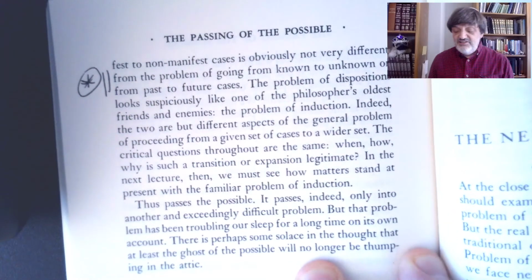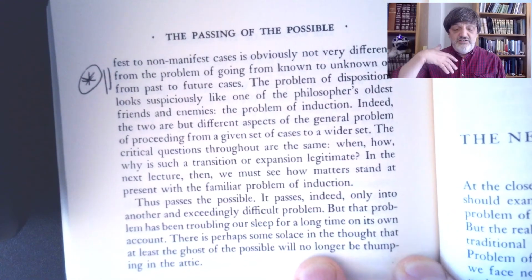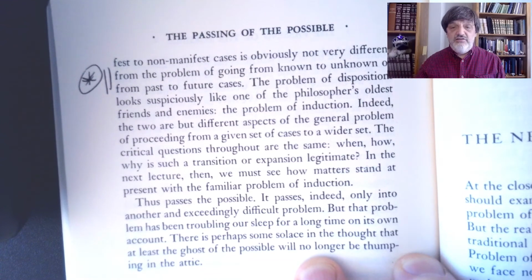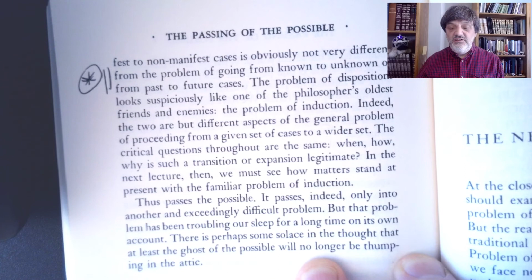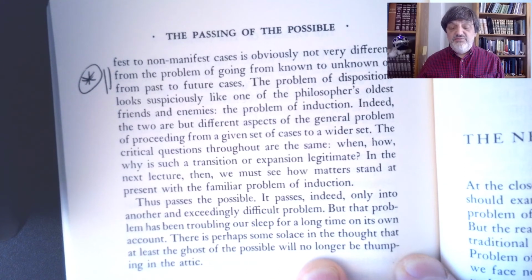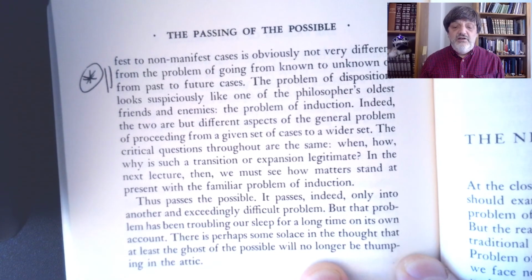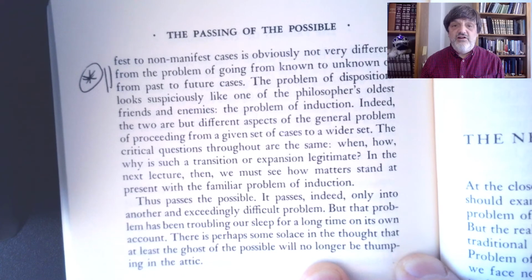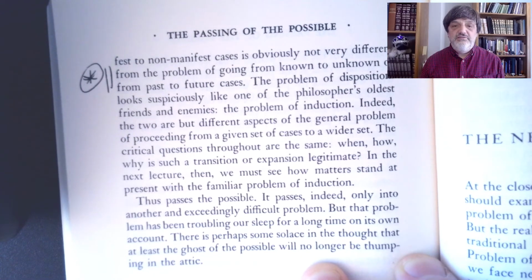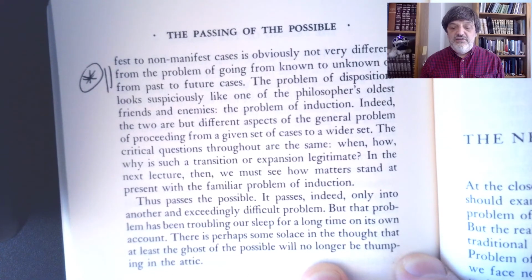But it's the supposed process where you have a general law, like all copper conducts electricity, and you try to build up support for that law by examining, let's say, different pieces of copper and seeing if they conduct electricity. And every time you find one that does conduct electricity, it helps to confirm the general law that all copper conducts electricity. That's the way induction is supposed to work.